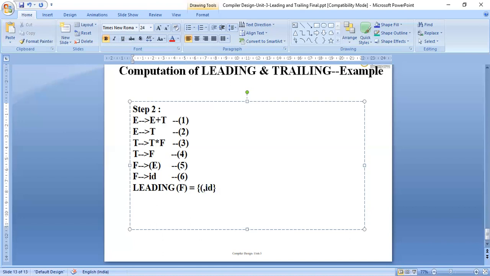Okay. And next, we have to calculate the leading of T. So what is this leading of T?